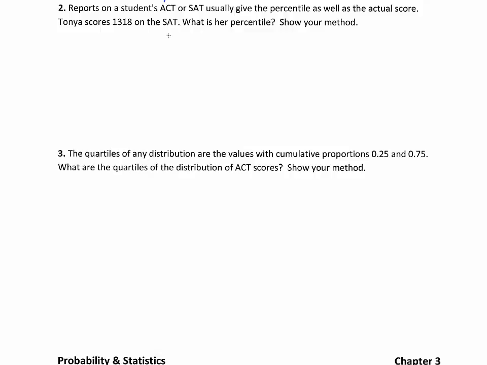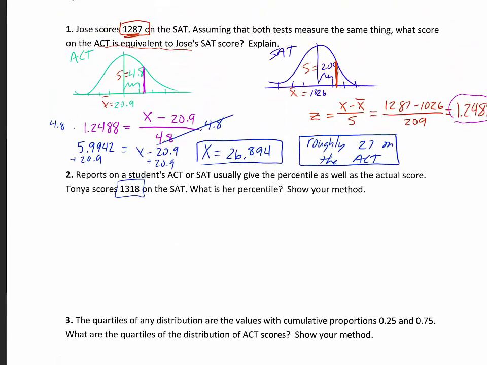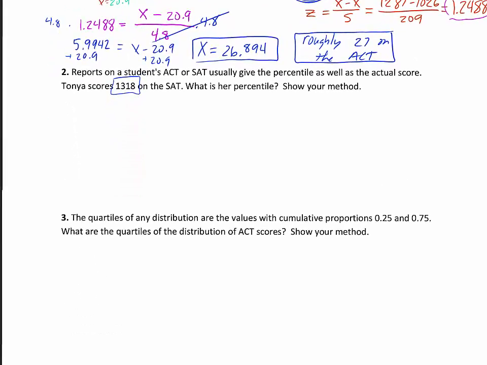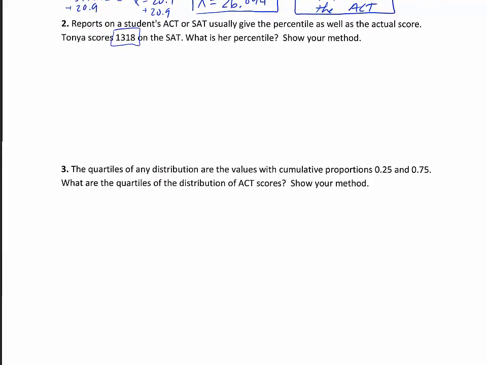So if she scores 1,318, that was her particular score. If you go back and compare it to the average, this was our average right here, 1026, she's doing pretty well. In fact, she did so well she was actually higher than Jose. So we would expect her to be in a higher percentile than what Jose would be.